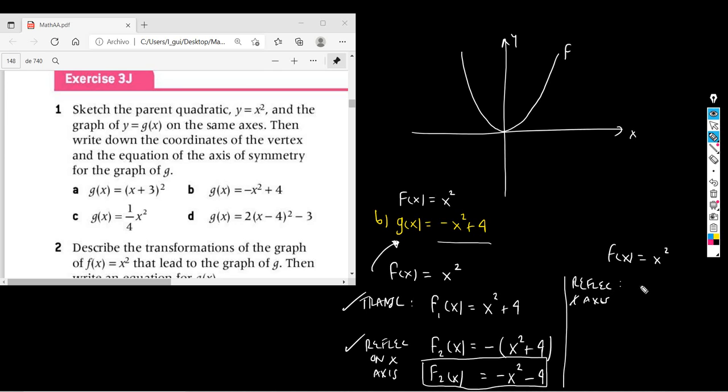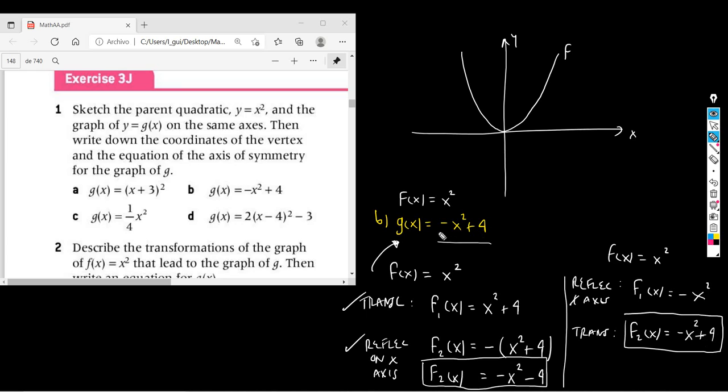Reflect it around the x-axis, and you should get this first transformation, minus x squared, and then translate it 4 units upwards. You take this, and you should add plus 4 to the whole function. This is the whole function, and then just add plus 4 at the very end. There you go. This is the end result of the process. And as you can see, this is in fact g.